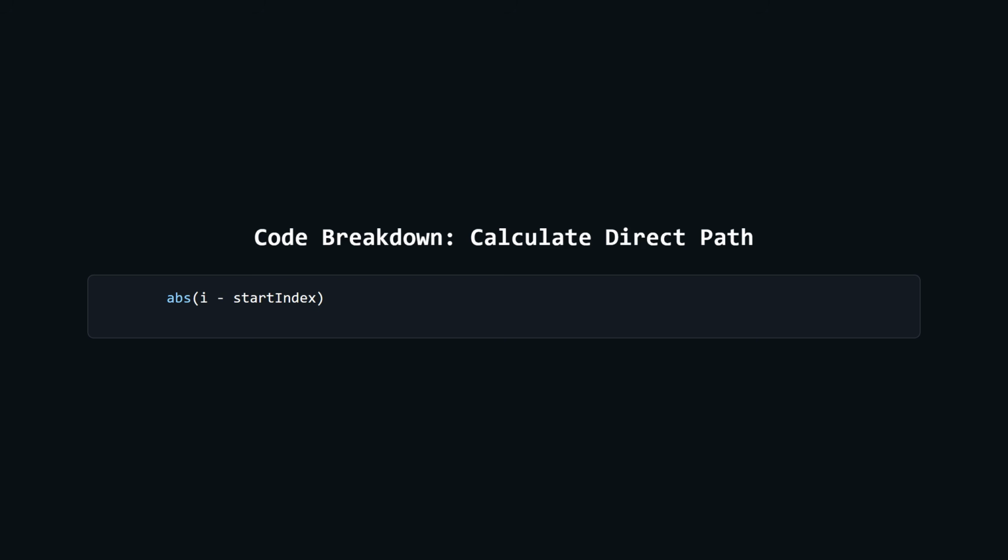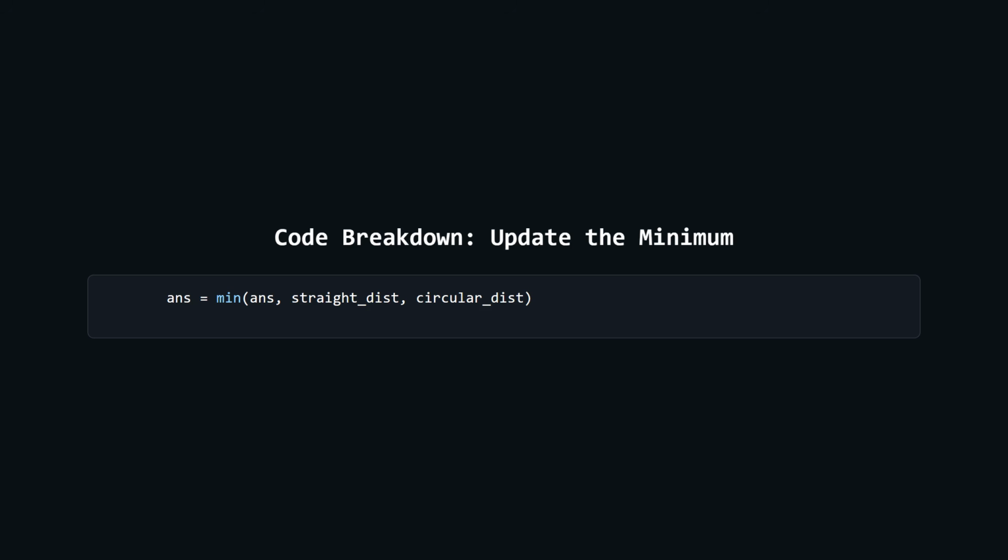If it is a match, we find the straight line distance. We do this by taking the absolute difference between our current index and our starting index. We also calculate the distance wrapping around the circle in the opposite direction. We then take the minimum of those two possible paths and update our overall lowest score if this new route is better than what we had before.